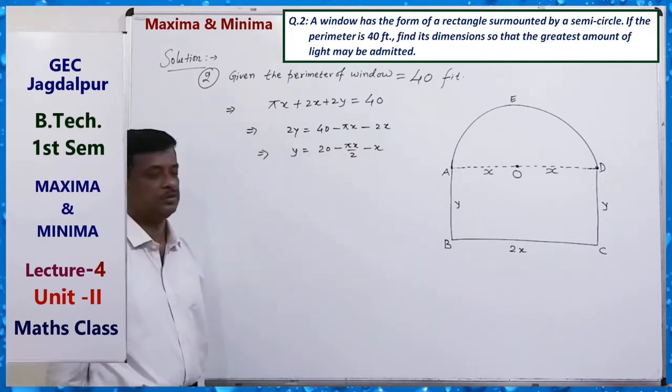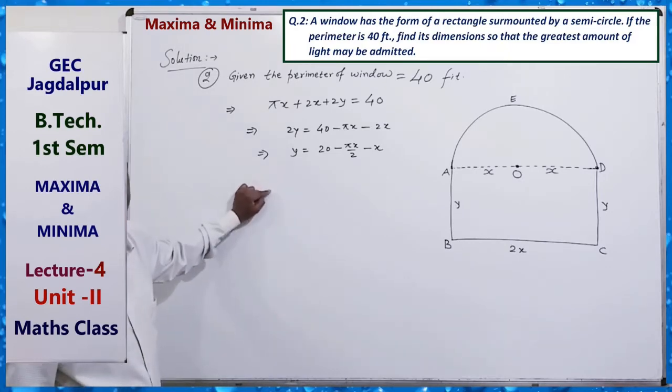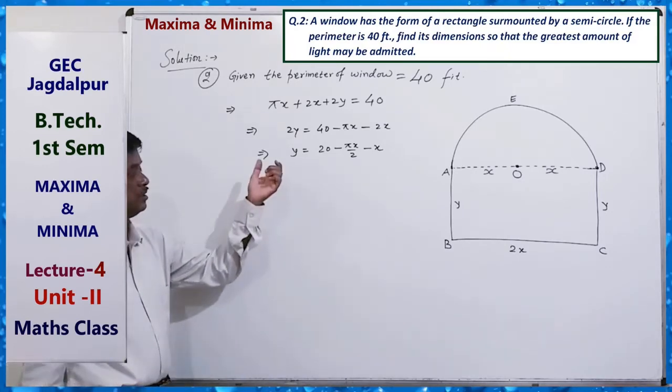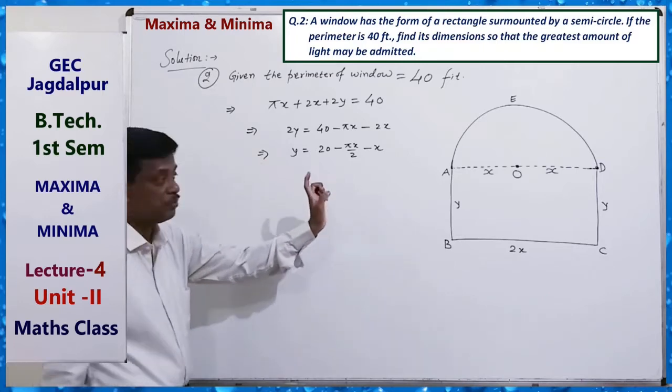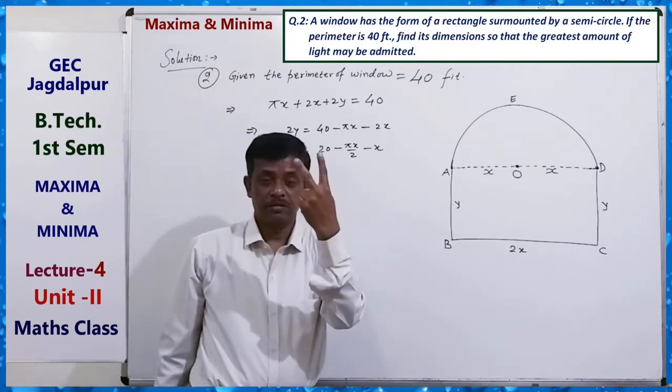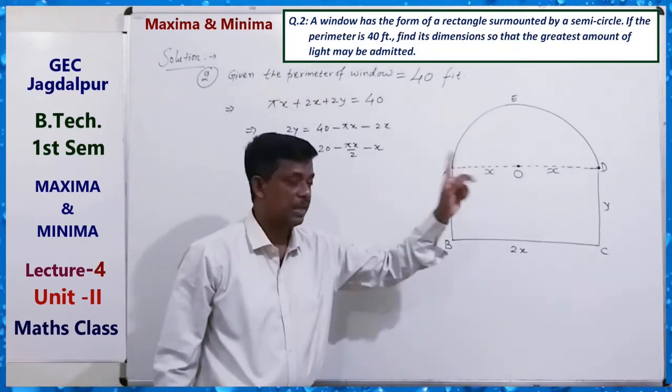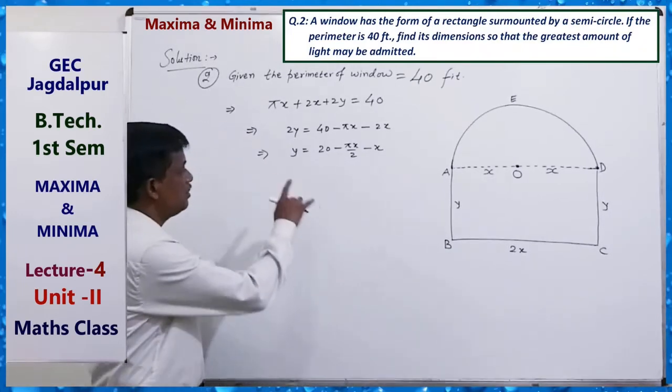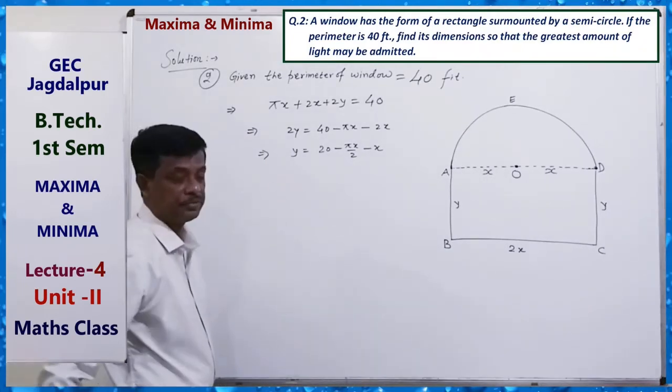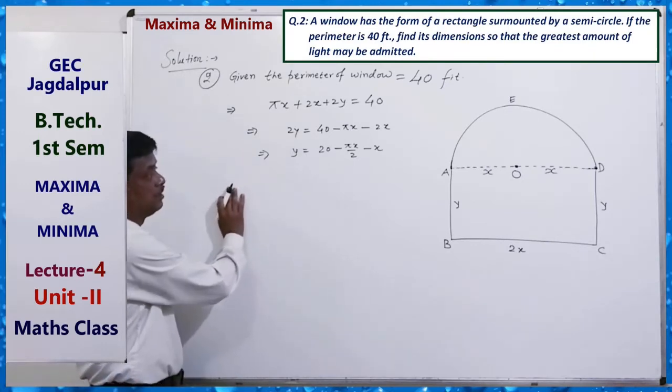So this is the value of y. Okay, so this is our condition. From here, for the dimensions, there are two things, x and y. So now what do we have to find?